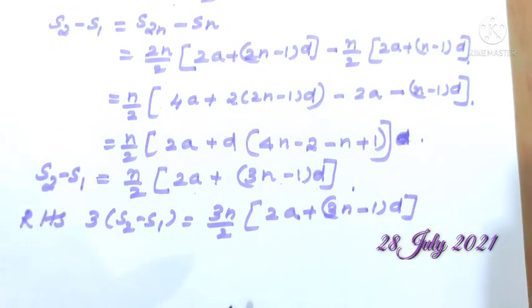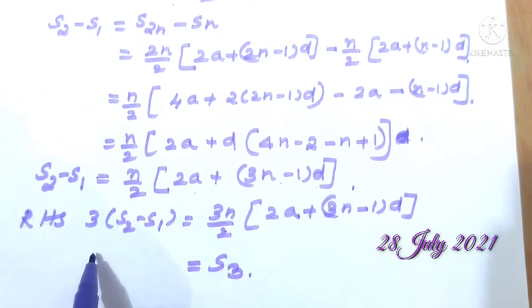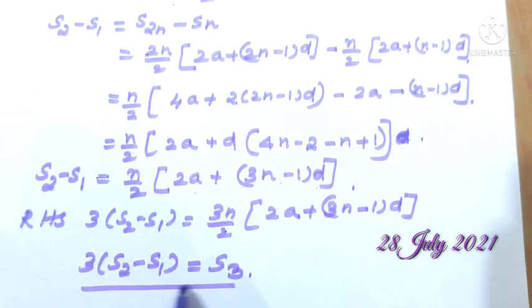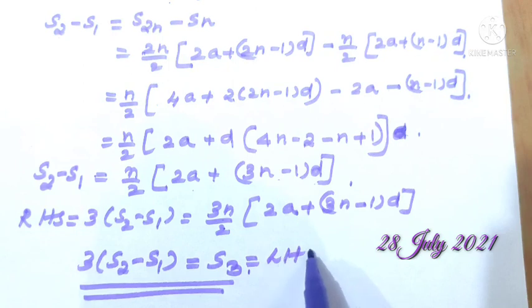So what we got here is 3n by 2 bracket 2a plus 3n minus 1 into d, so it is equal to S3. So 3 into S2 minus S1 equal to S3, hence proved. We started with the RHS and showed that it is equal to the LHS, hence proved.